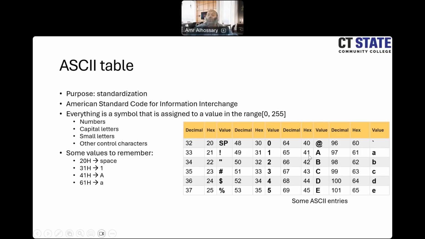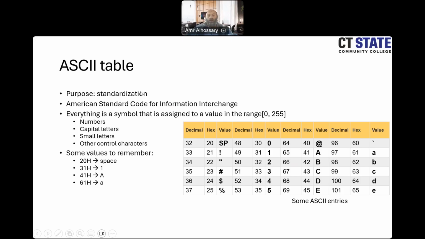This is starting from 41 and it's starting from 61. The difference between 40 and 60 is 20, and 20 is the number of the space. So if you remember space, capital A, small a, you can map any other character, capital or small, to it.